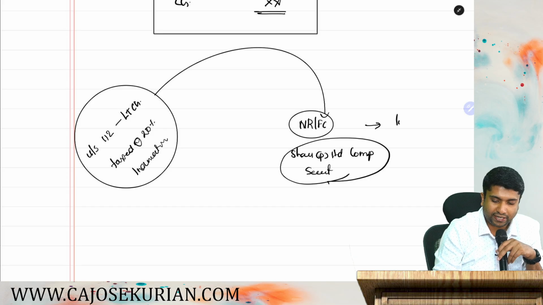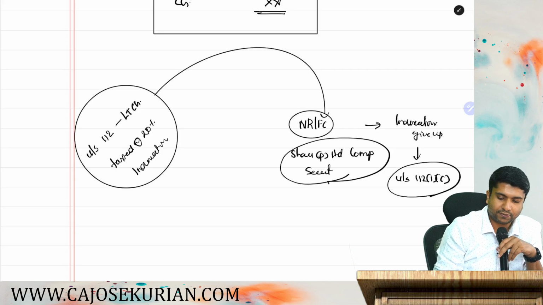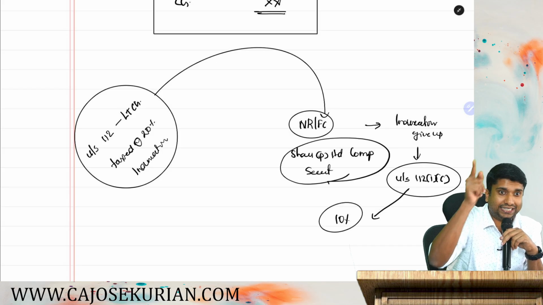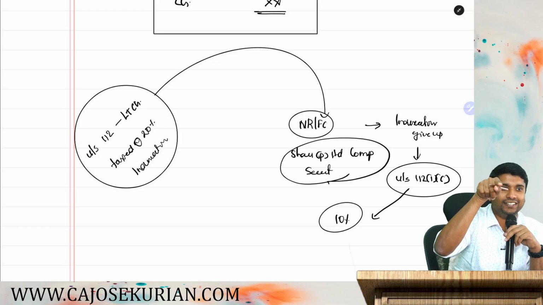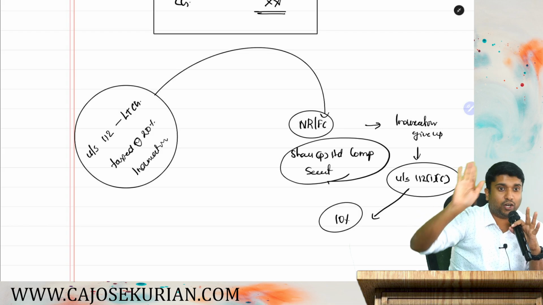If they give up indexation, there is a section called section 112 subsection 1 clause C. According to section 112 subsection 1 clause C, if they give up indexation, their rate of tax will be only 10%. This was there before 23rd July 2024. This was the old provision.